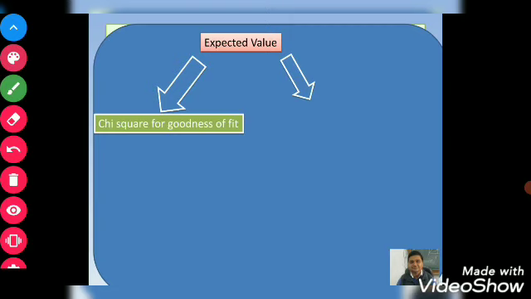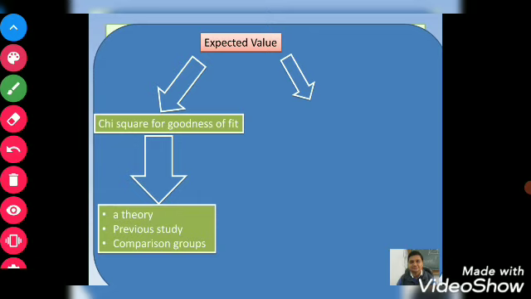When you are doing chi-square test for goodness of fit, the expected value you can get from a theory, or from a previous study, or from comparison of groups. What the chi-square for goodness of fit is, we will see in the coming slides. So remember that when testing for goodness of fit, the expected value comes from a theory, a previous study, or comparison of groups.